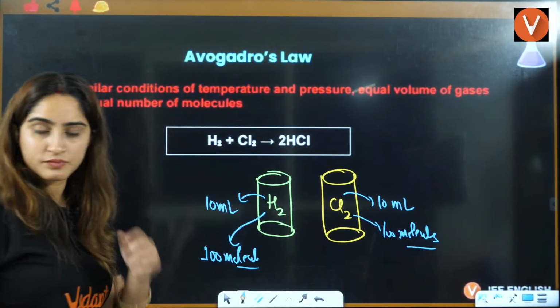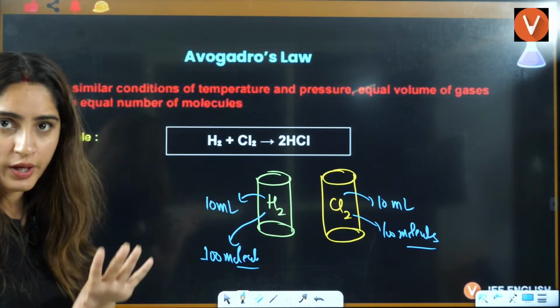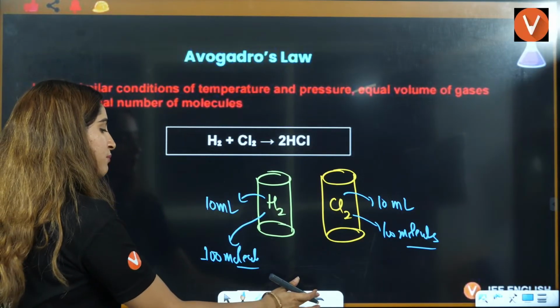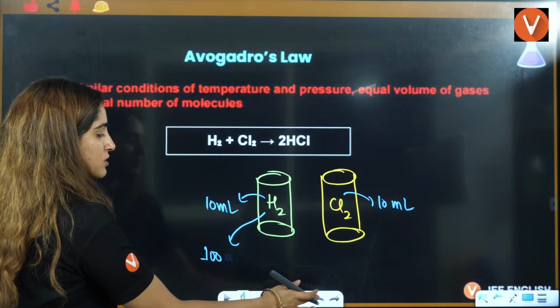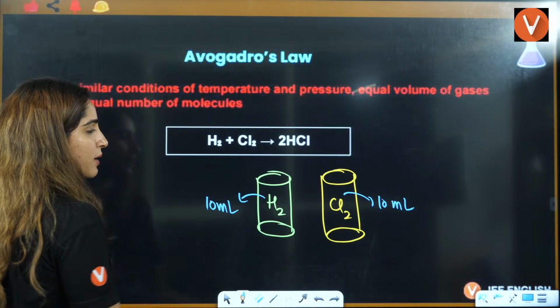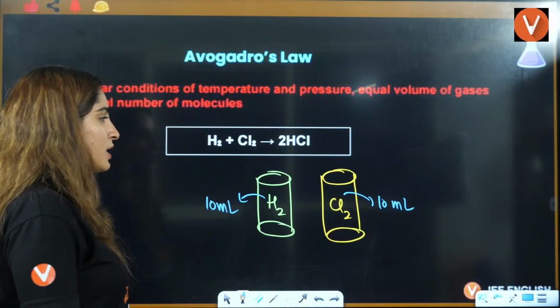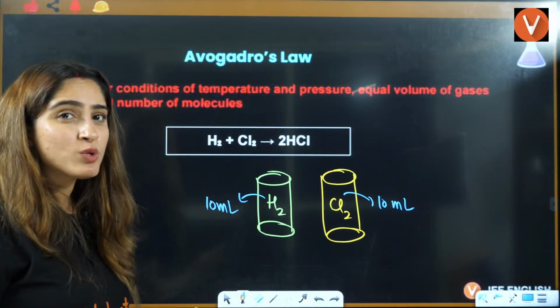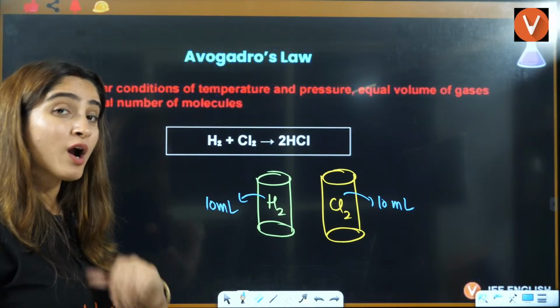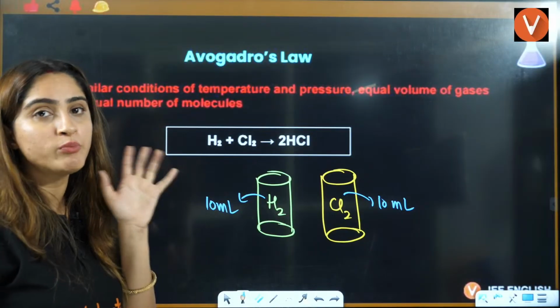Okay, everybody? Now, I'm not getting into moles because I have not taught you the mole concept yet, so I'm just talking about molecules. But understand one thing, if molecules are same, moles will also be same. How they will be same, we will talk about in mole concept.